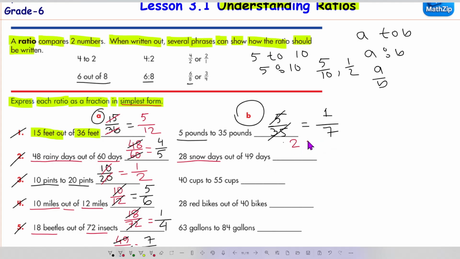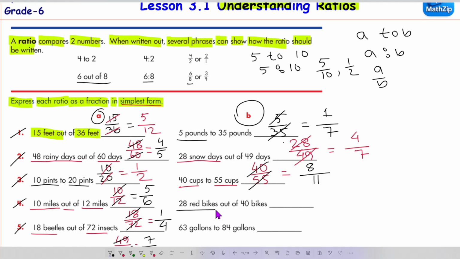So 28 by 49, we can divide by 7, right? 28 by 7 is 4 and 49 divided by 7 is 7. Now 40 cups to 55 cups. So 40 by 55, we can divide by 5. That means 40 divided by 5 is 8 and 55 divided by 5 is 11.